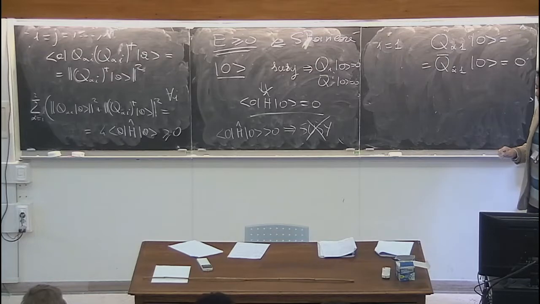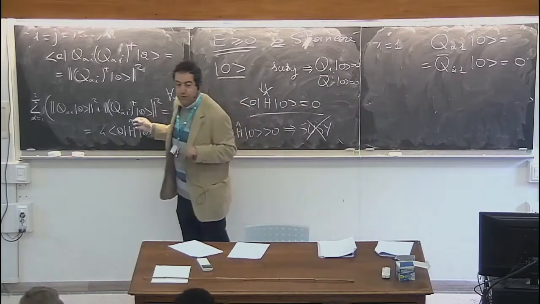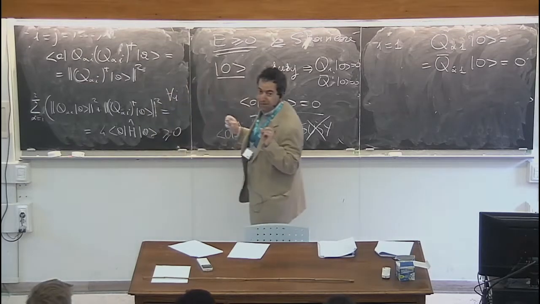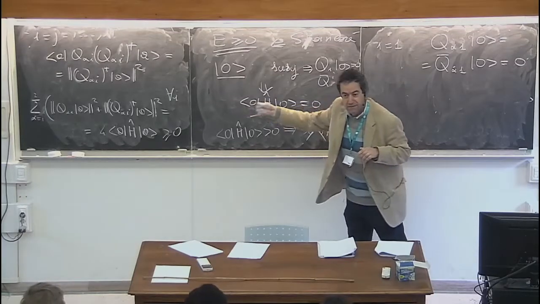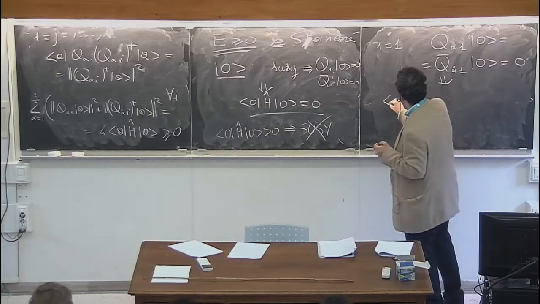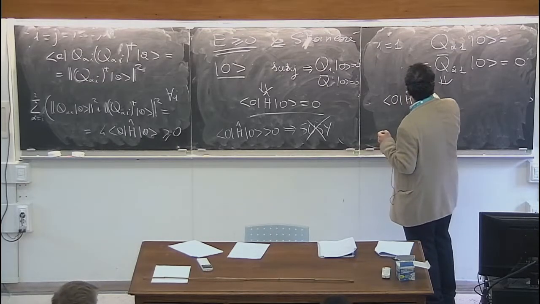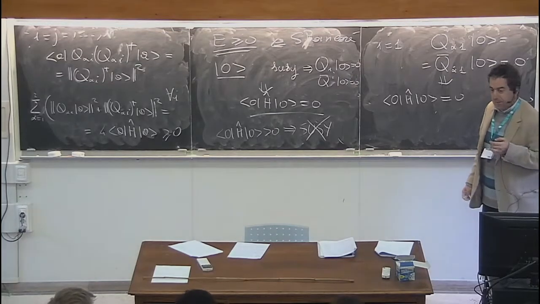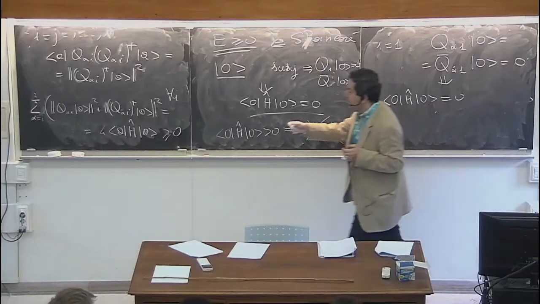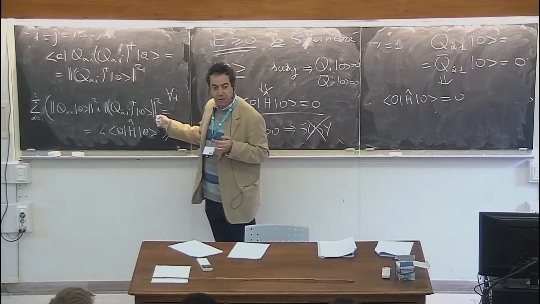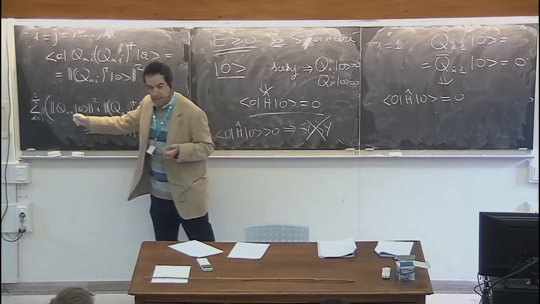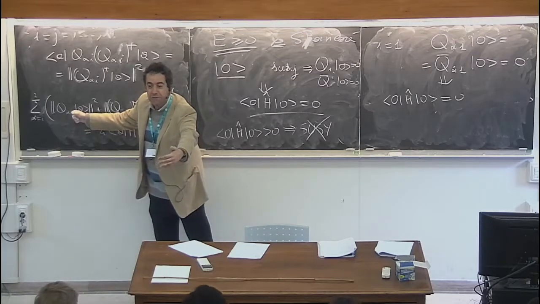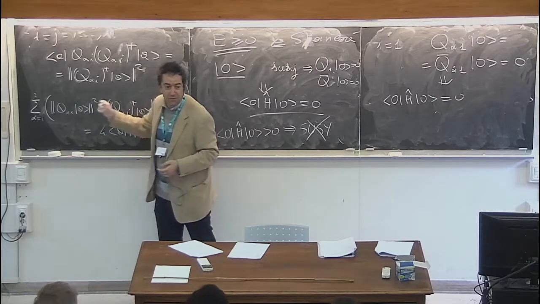What does this mean? Well, this equation holds for any I, and therefore also for I equal 1, because I is a free index there. So this implies that the energy of the state is 0. But then, this holds for any I. This implies that also the norm of the states obtained by acting on the vacuum by means of all the other supersymmetry generators have to be 0, because this is a sum of squares.